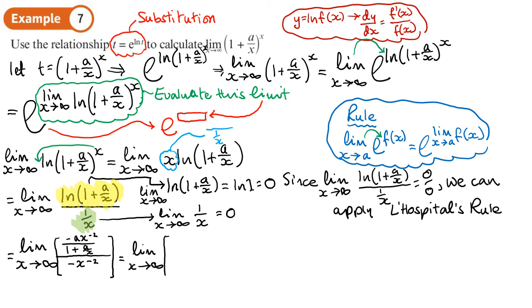So I'll write the top as 1 over 1 plus a over x times negative a over x squared. So I've just written it slightly differently. I'm going to do the same for the denominator, and I'll write that as negative 1 over x squared.